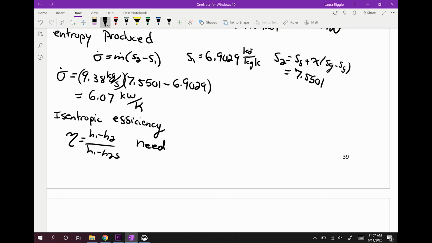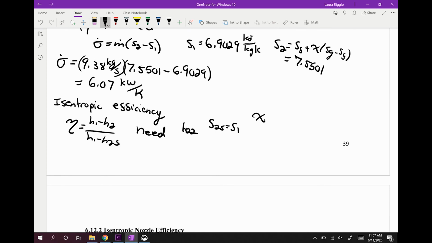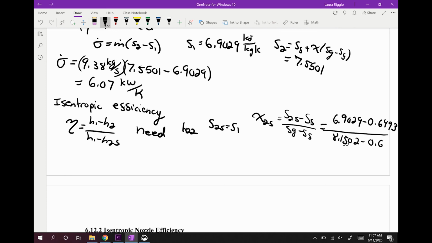So I now need h2s. s2s is equal to s1, which is two-phase, so I need a quality at state 2s. My quality at state 2s is 0.834.